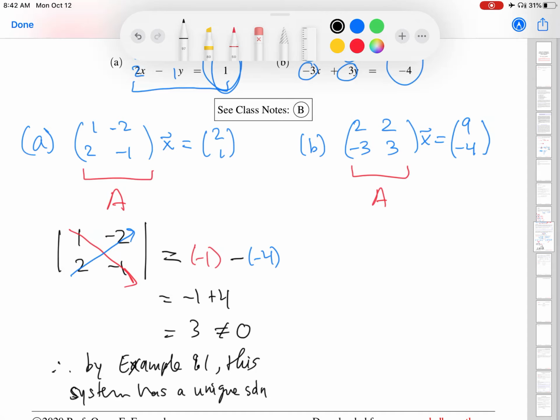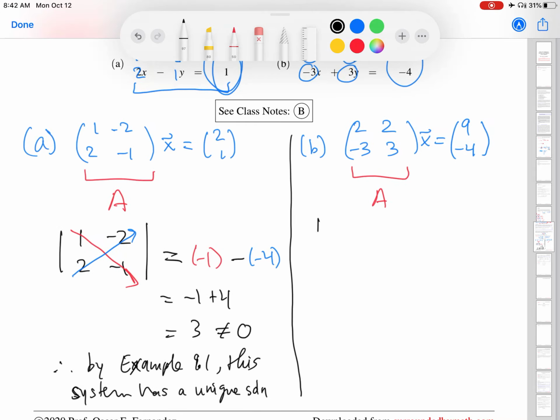Okay, great. And then I'm going to go over and do the same thing over here. So similar idea, the A matrix over here is 2, 2, -3, 3. I'm going to calculate its determinant. So product of the diagonals, 3 times 2, 6, minus product of the off diagonals. -3 times 2 is -6. So you can see what is happening here.